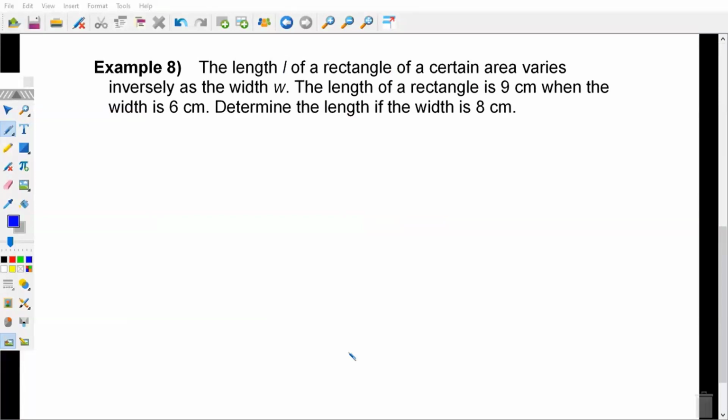What's the first thing you need to do? Identify your independent and dependent from your text, your length and your width. And then find your K value would be your second thing, right?